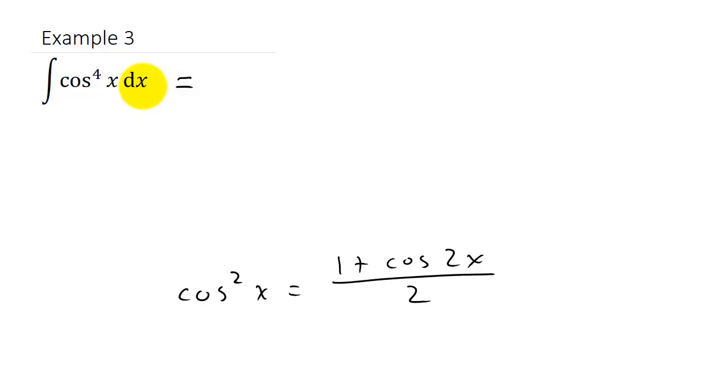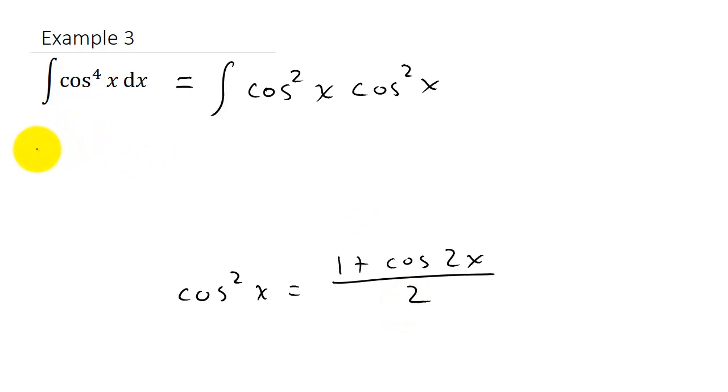So here I'm going to rewrite this as cosine squared x times cosine squared x. Now you see the cosine squared x and the cosine squared x? I can replace both of these with this formula here.